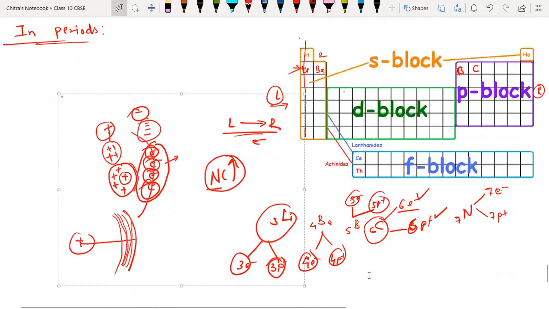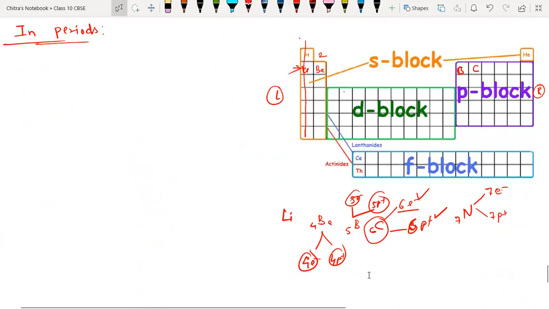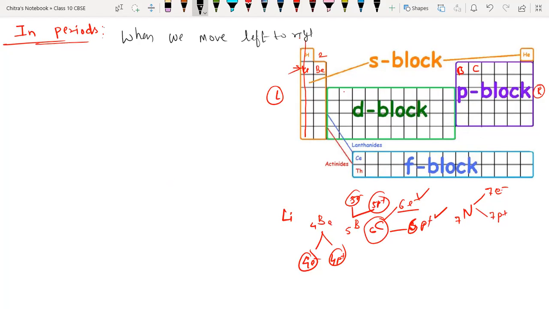Okay. So I'm erasing that and writing the periodic trend for atomic radius in a period now. I'm just writing the theoretical part. See, when we move left to right along the period, what is happening?